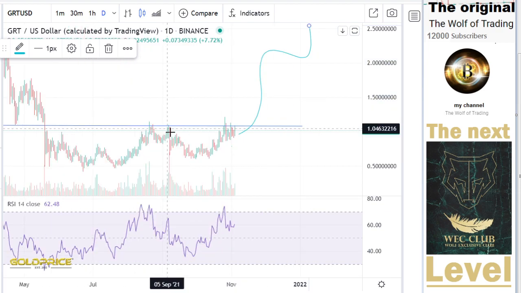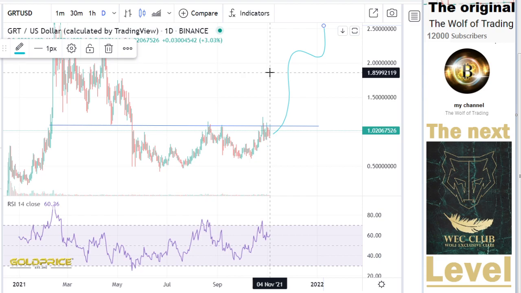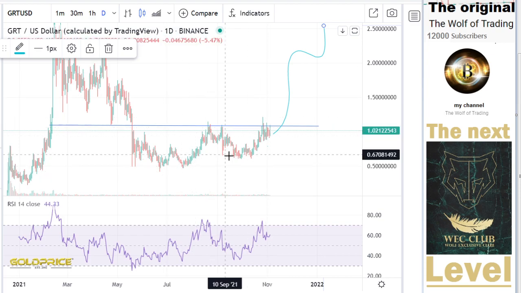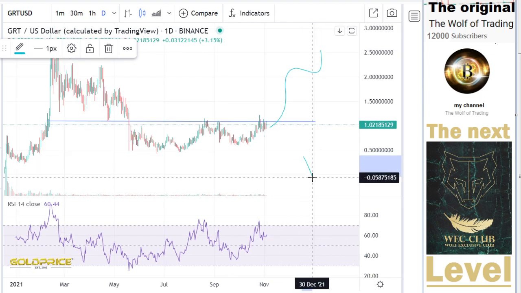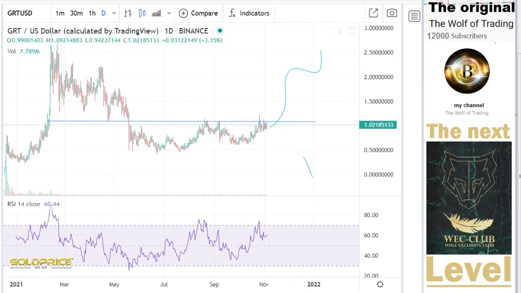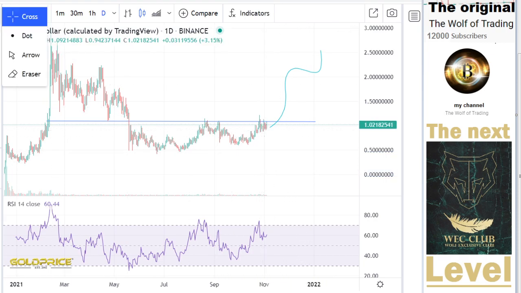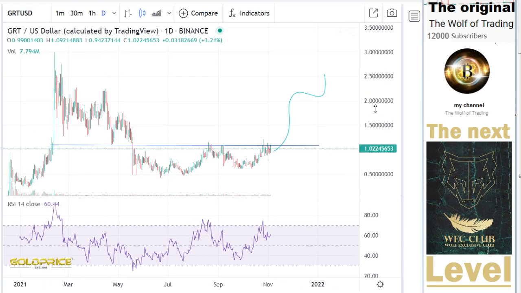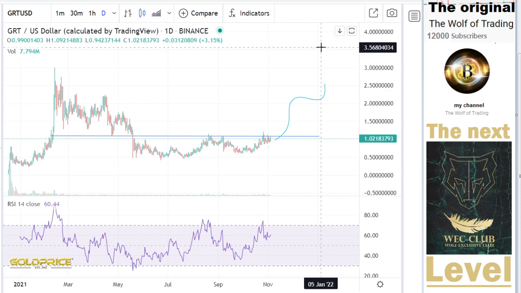We touch this one time, two times, three times, and now it's time to break out from this. We saw this situation at Mana, at Chiliz, and at Chromia. They had a similar formation like that, and then they broke out here. So I would say if this comes true, that we break out here, then we will go to $3.50.